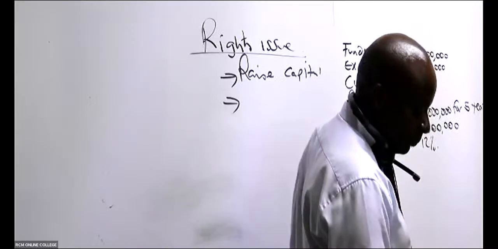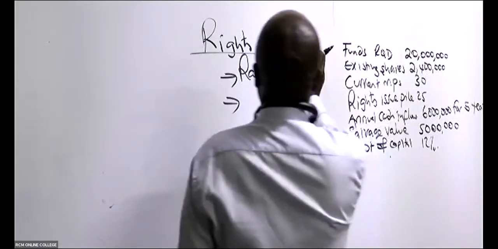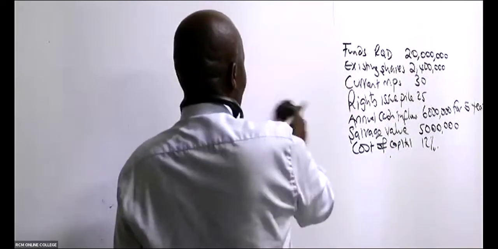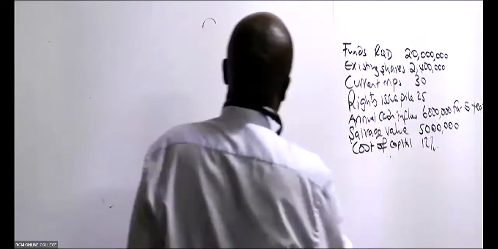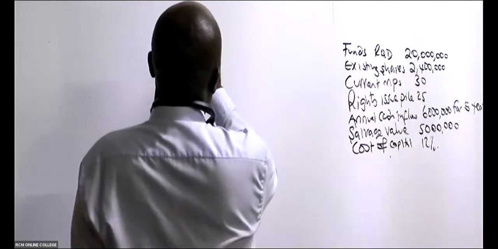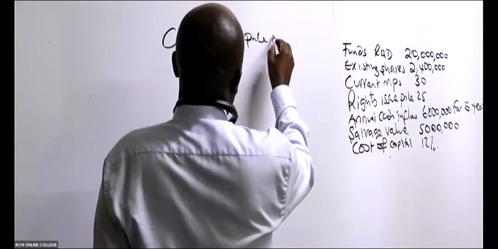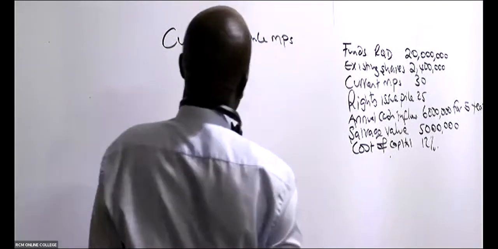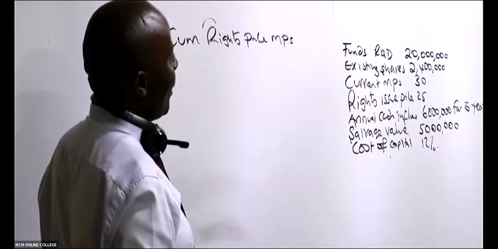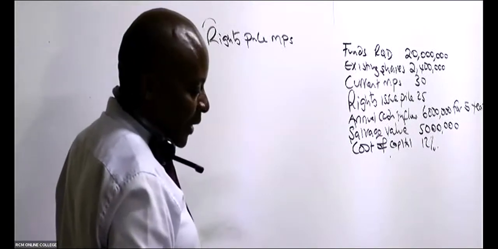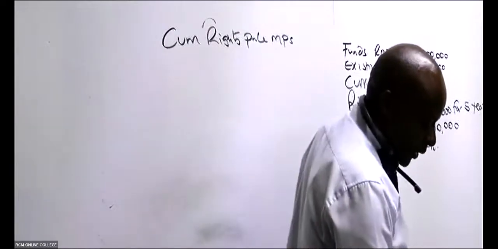Per share. Very easy. Let's read this very well. What do they want us to give them?